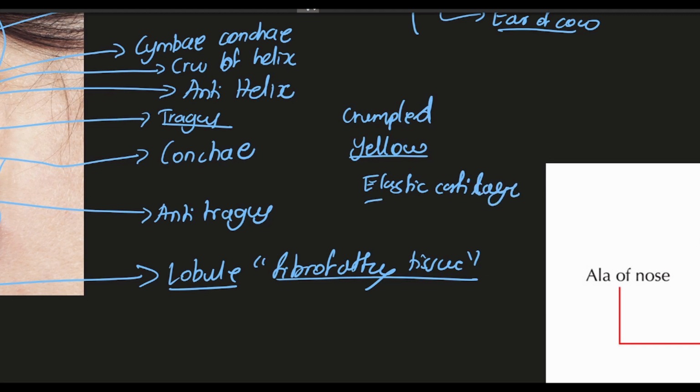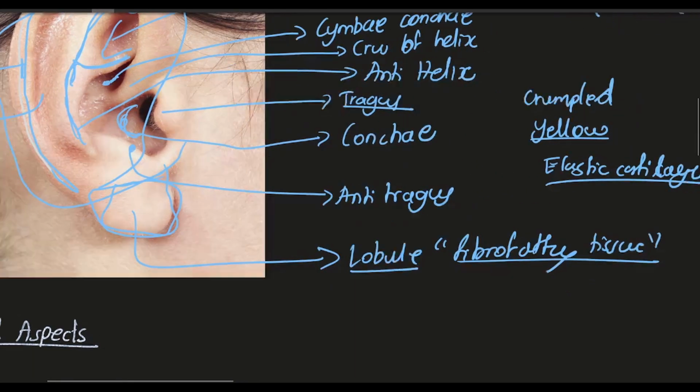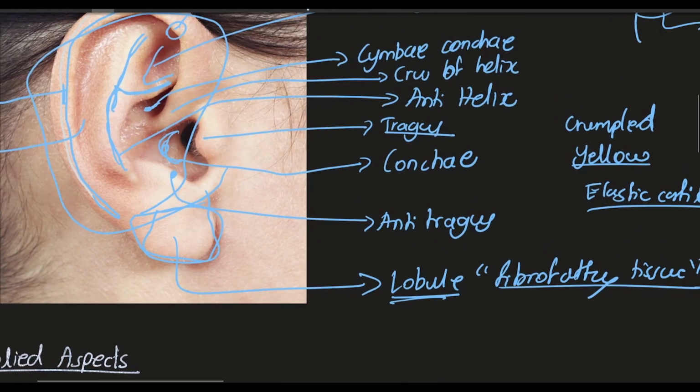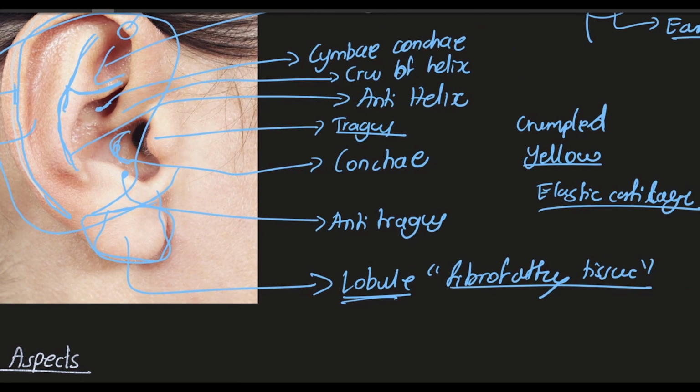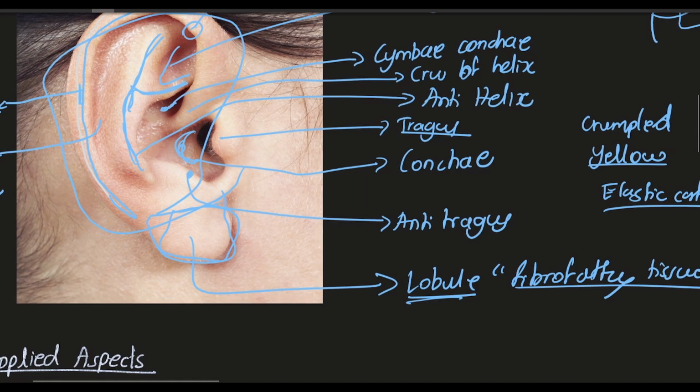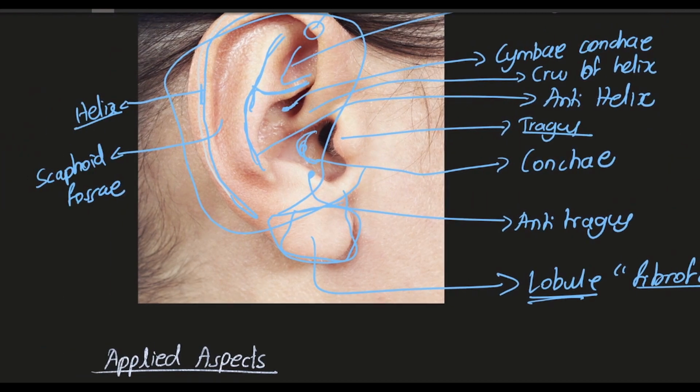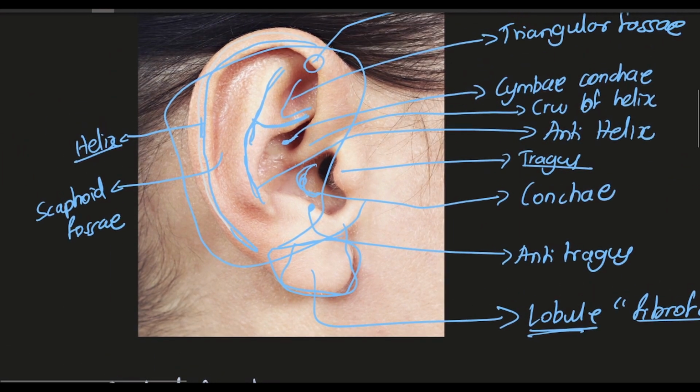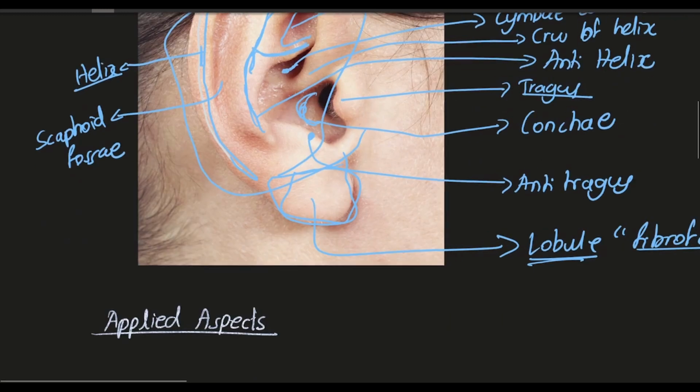The entire thing except the lobule is made up of crumpled yellow elastic cartilage. This is about the different structures that I explained over the pinna.